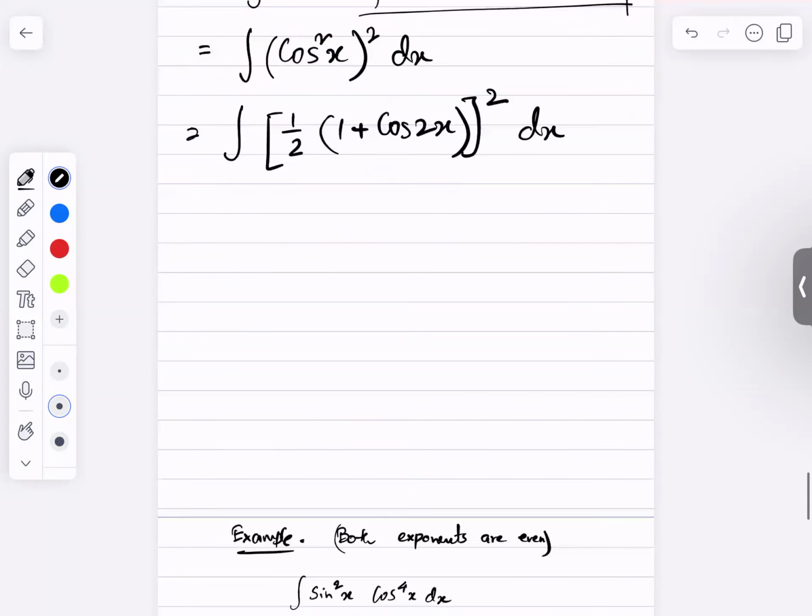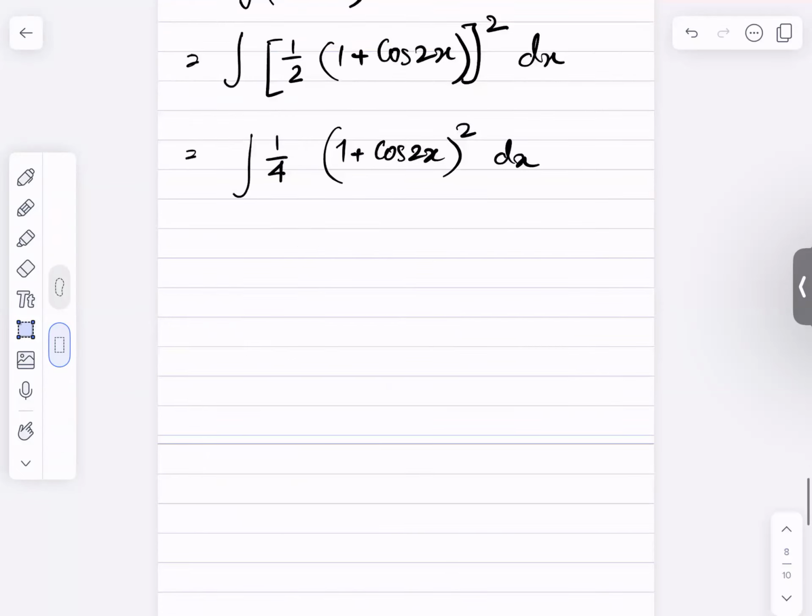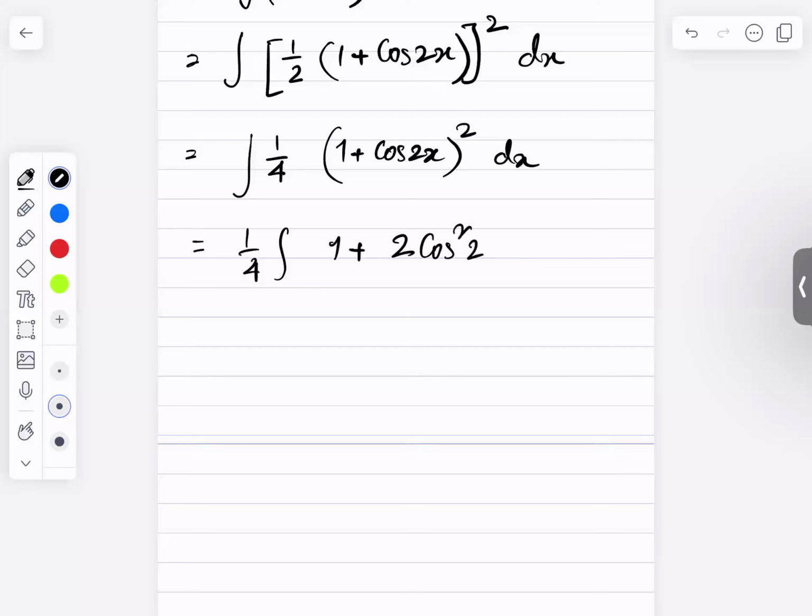Now, this 1 over 4 can be written outside of the integration. And then the square formula: 1 plus 2 cosine 2x plus cosine square 2x dx.